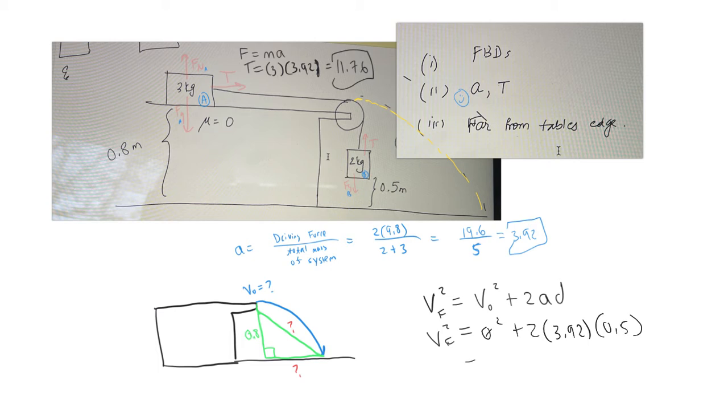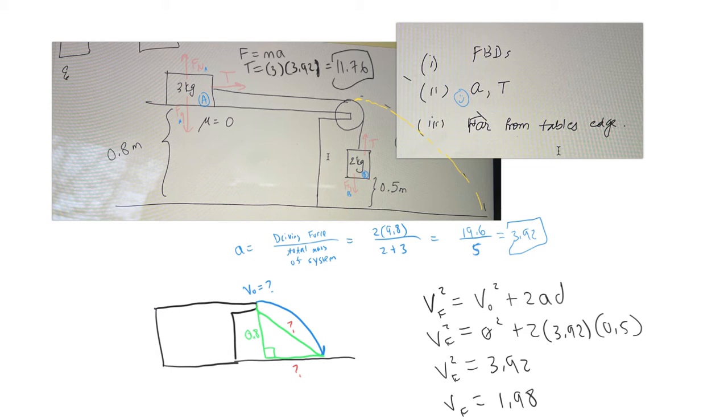So the final velocity squared equals 3.92, but then when we take the square root of that, it's going to be 1.98. Okay, so let's see.